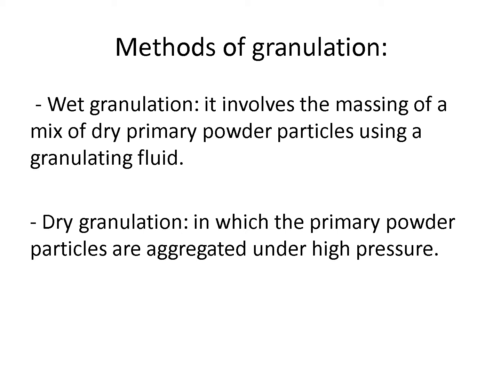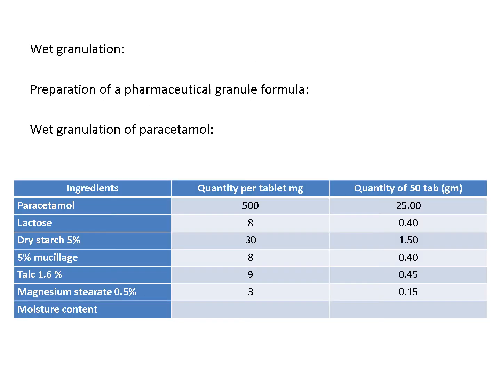Then the rest of the materials are added and mixed, then compression again. So we call it dry granulation, but really it is double compression, because it is compressed twice. The first compression forms the slug or ribbon, the second compression forms the tablet.